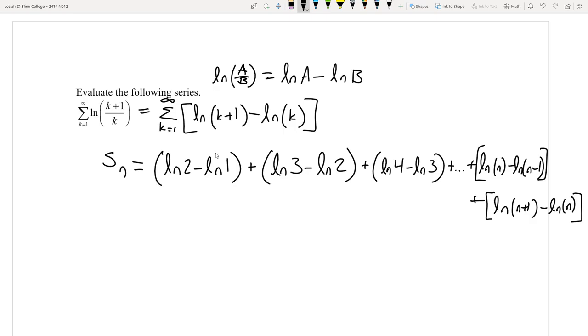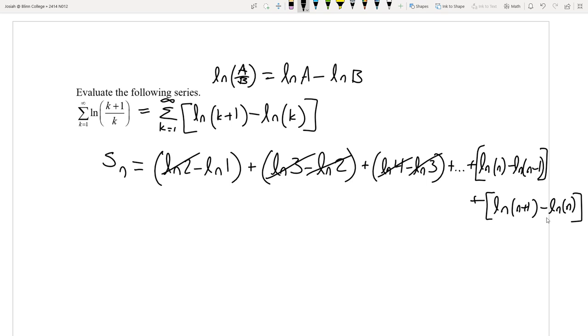And so we get a little bit of a difference here. So the cancellation is kind of in a different order. We have natural log of 2 minus natural log of 2, natural log of 3 minus natural log of 3. So we'll kind of go to the first term of the previous, the next term of the second, and so on. All the way up to, we can actually see what's the last one and kind of work backwards.